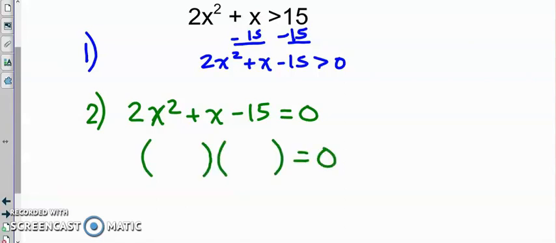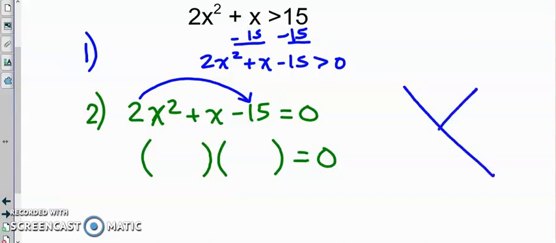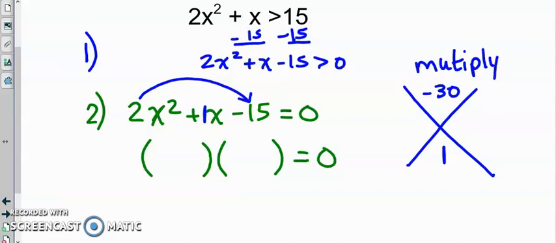So what I'm going to do is 2 times negative 15, which is negative 30. And then underneath here is understood 1, so we can put 1 down here. So we're going to see what multiplies to give us negative 30, and what adds to give us 1.